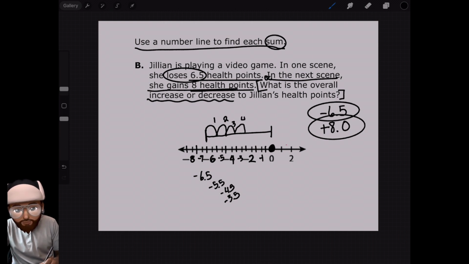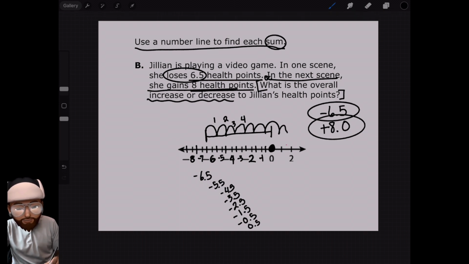4 jumps is a negative 2.5. 5 jumps is a negative 1.5. 6 jumps is a negative 0.5. 7 jumps is a positive 0.5.